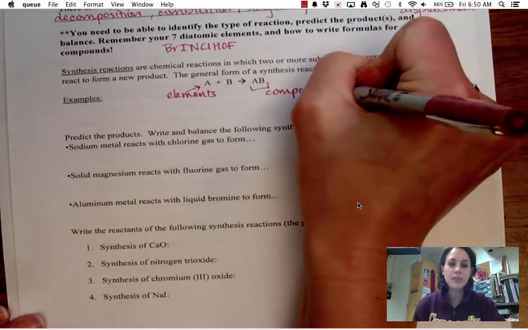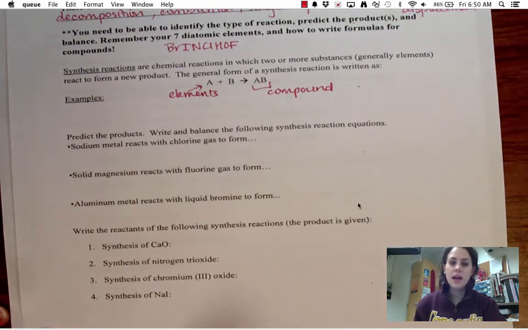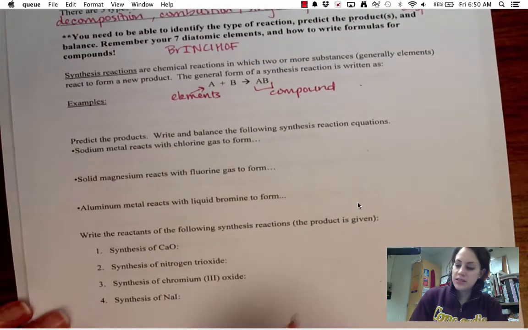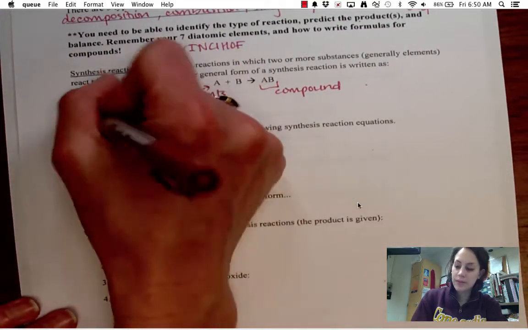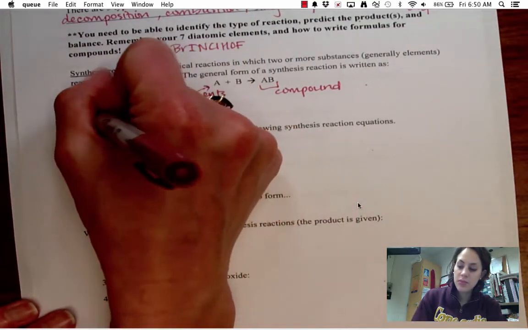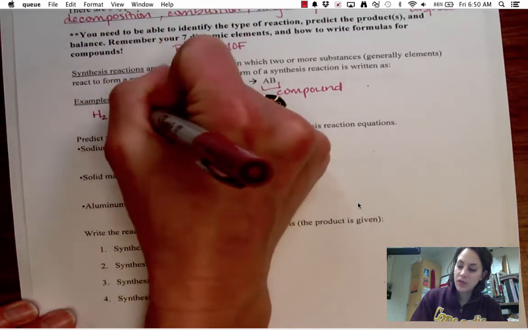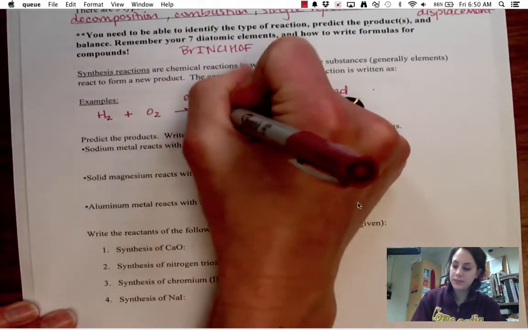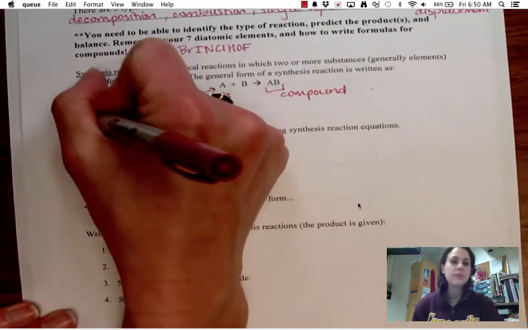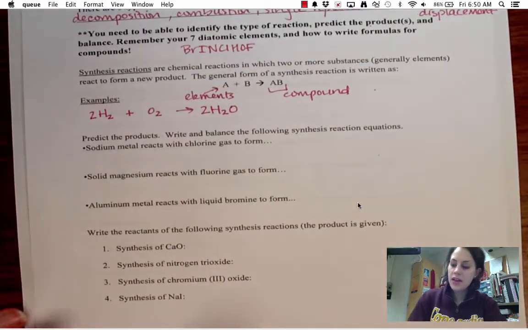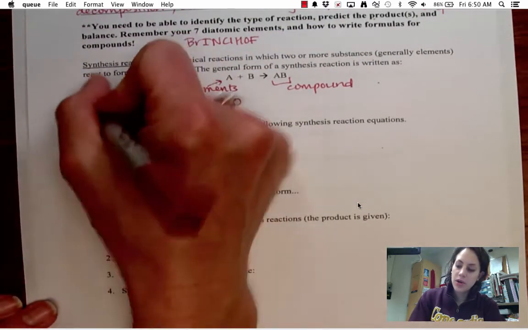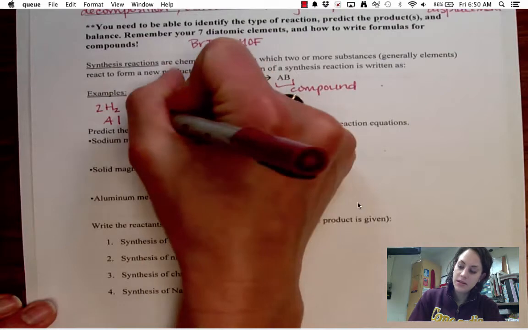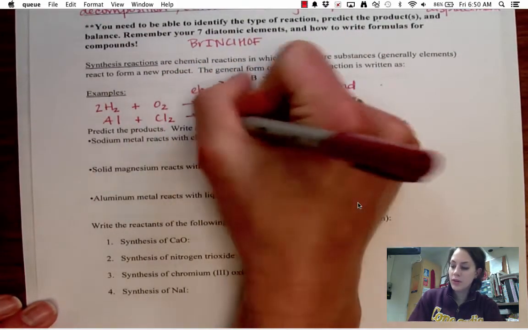AB then is the compound. So some examples of synthesis reactions, I have the formation of water. So I have hydrogen plus oxygen forming water. I balance it like that. Another example is aluminum reacting with chlorine to form aluminum chloride.